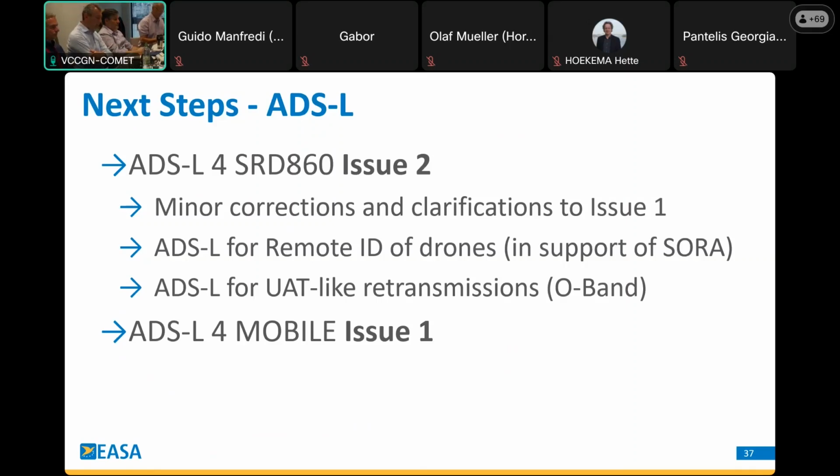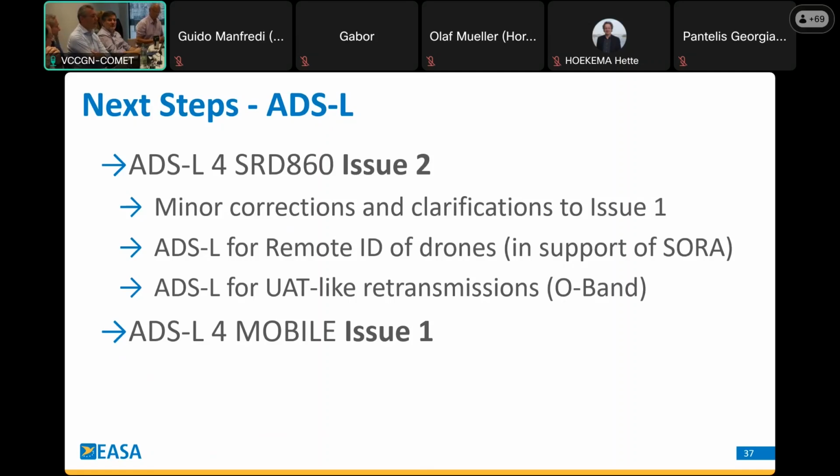Last but not least, very soon, literally this afternoon, we have a meeting with the telecommunication industry to start discussing seriously ADS-L for mobile, issue 1. But not only that, we will discuss a wider range of issues. ADS-L for mobile conspicuity is one topic. There are many others.